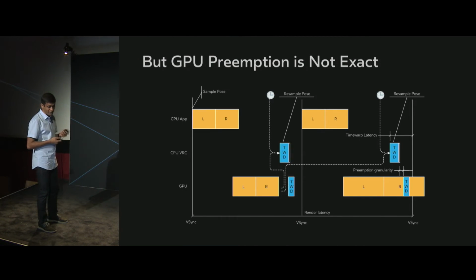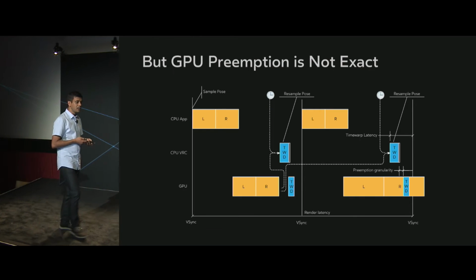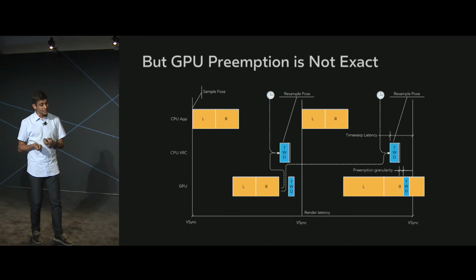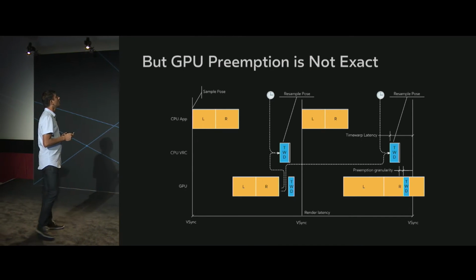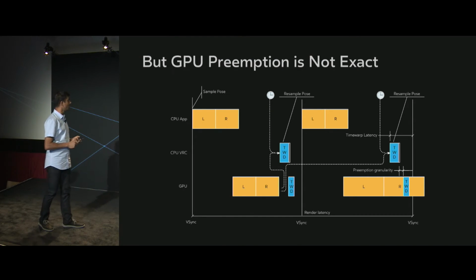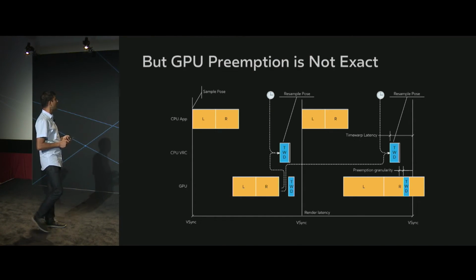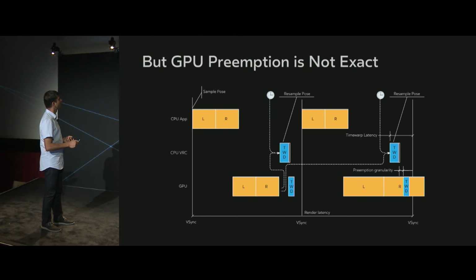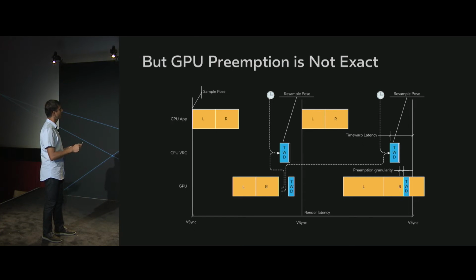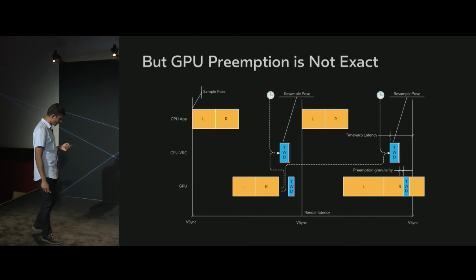This of course relies on preemption, and GPU preemption is not an exact thing like it is on CPUs. And so GPUs can take a bunch of time between when you ask it to preempt and when it actually can preempt rendering. And so we end up pulling in the time we have to actually do time warp for ATW to account for preemption granularity of the given GPU.